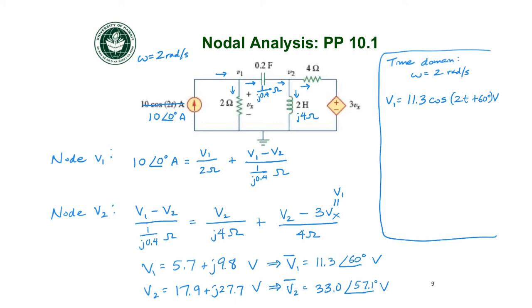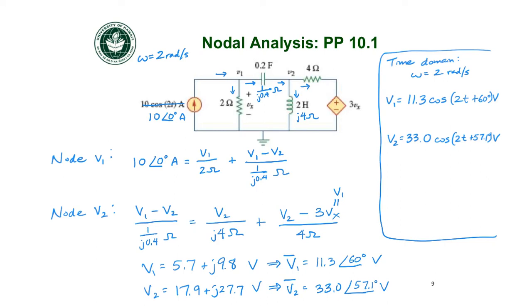V2 has a magnitude of 33, cosine of omega t plus 57.1 degrees phase angle, and that has units of volts.